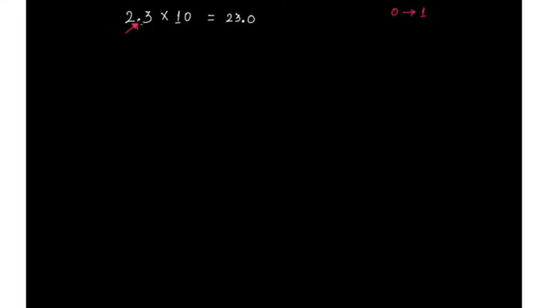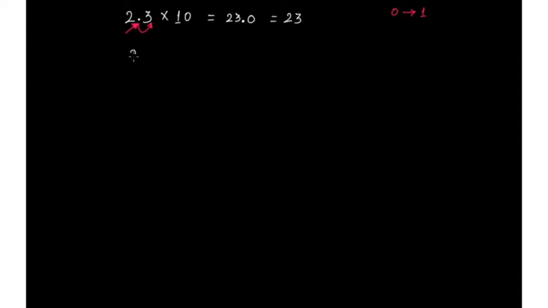That is, the decimal point after taking 1 jump and being placed after 3 is 23.0. This number tells you that at the tenths place you have 0, and this number can be written simply as 23. 23.0 means at the tenths place you have 0, which means nothing. So you have 23.